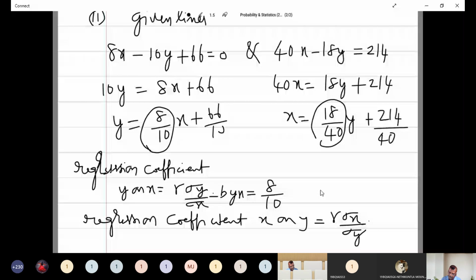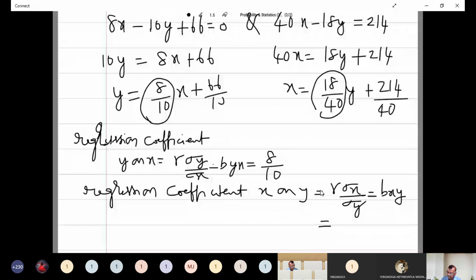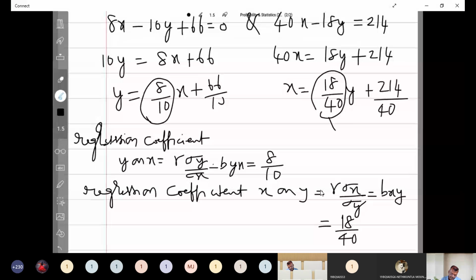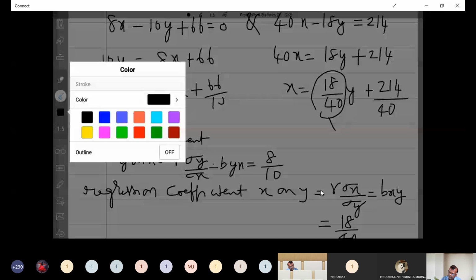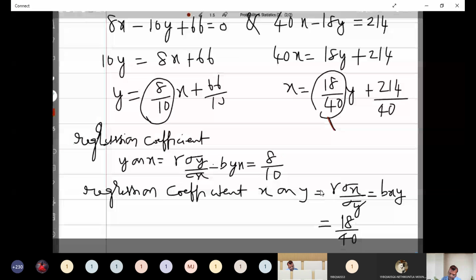What is that value? Tell me anyone. 18 by 40. This one is bxy and this one is byx.